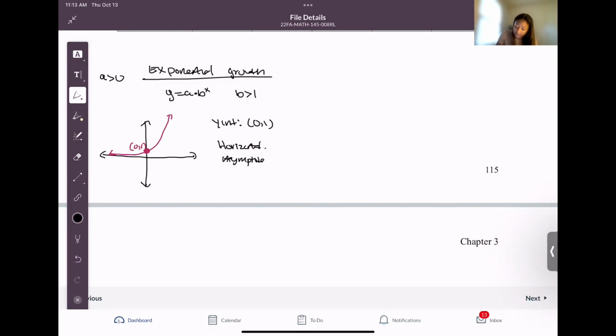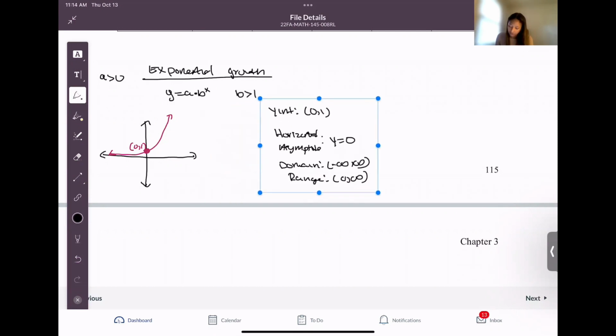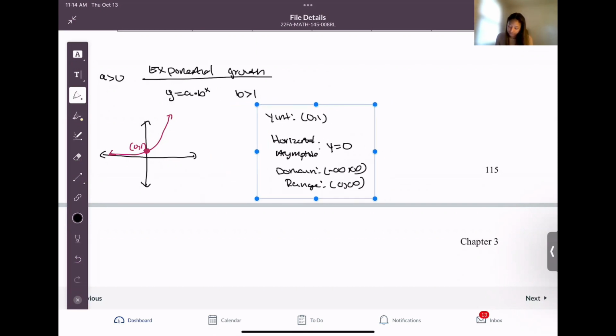So we have to write it as the equation of a line, which is y equals 0. The domain is all real numbers. And the range is all positive numbers. This is true for any exponential growth.